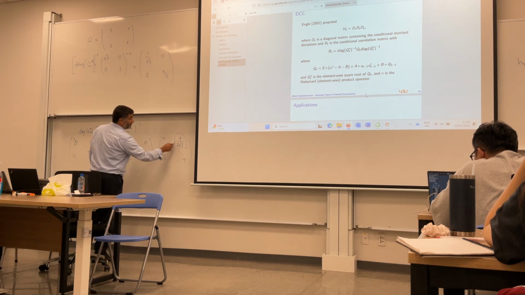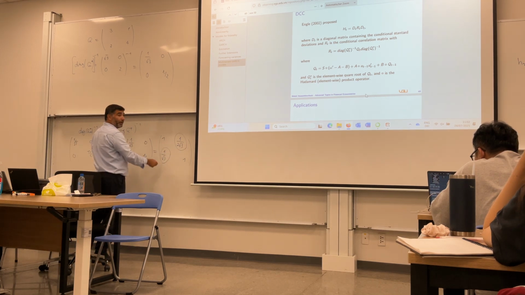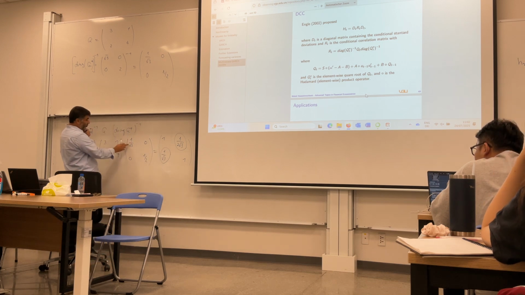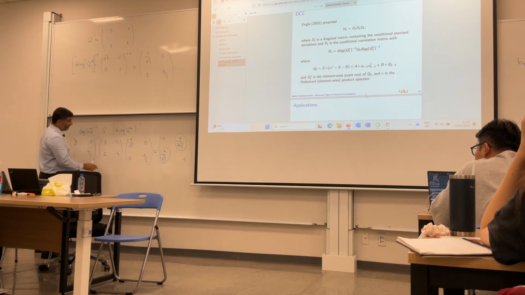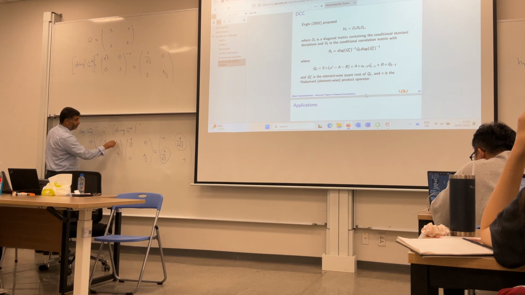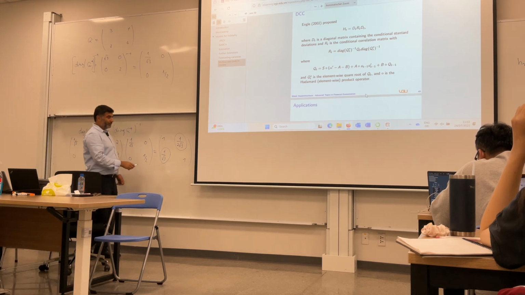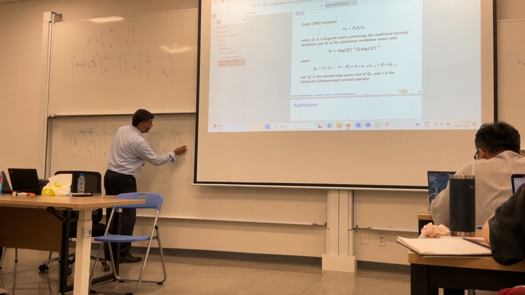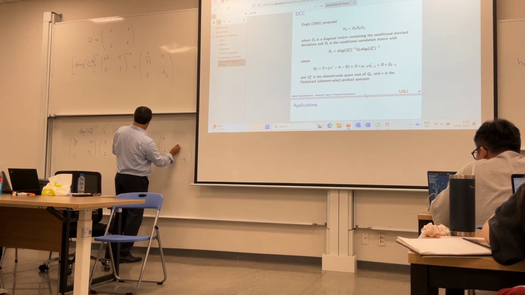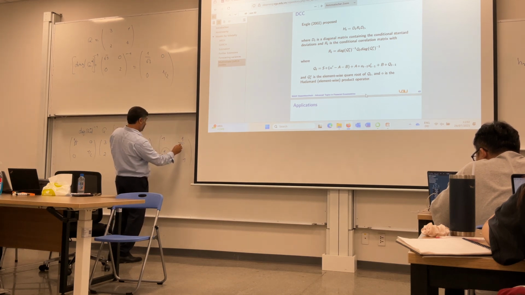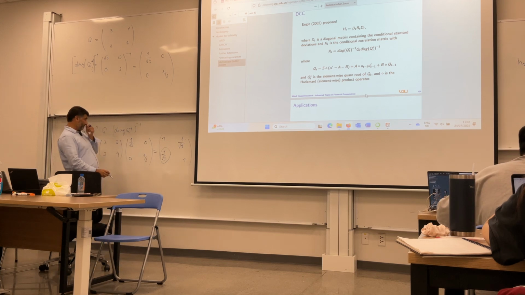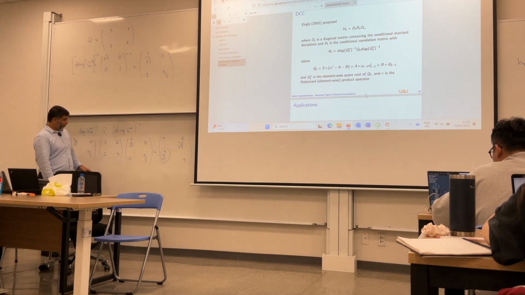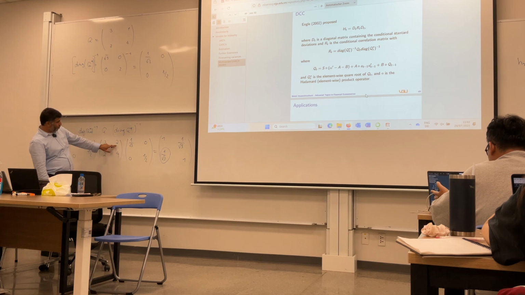Then you will have these diagonals to be numbers normalized by the square root of the diagonal element. If I had a covariance matrix, it's symmetric, so here you would also have 1 over square root of 3. Then we need 2 divided by 2 square root of 3.